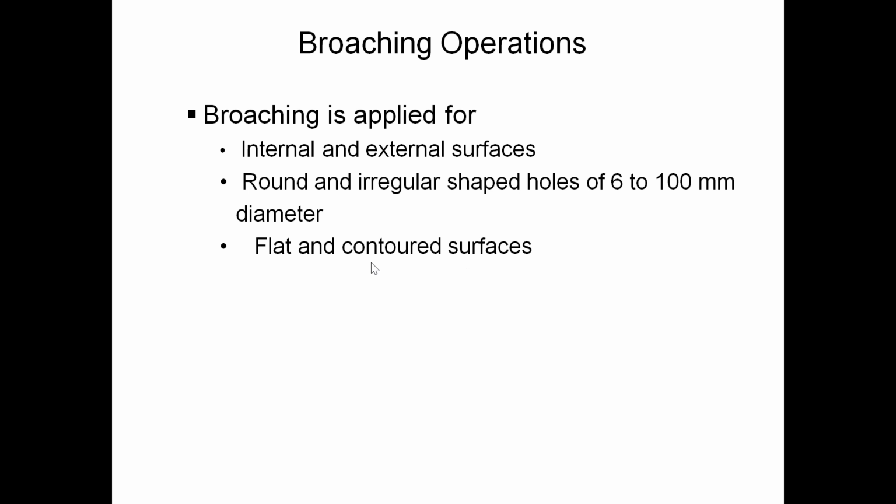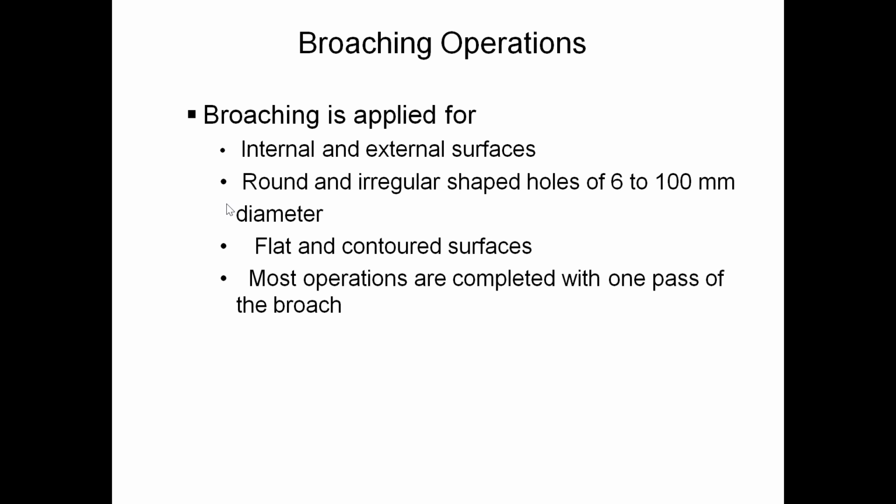Contours mean nothing but complex shapes, whatever shapes are very difficult. By using this tool, those shapes are surface finished by the broaching tool. It is used for flat surfaces also.